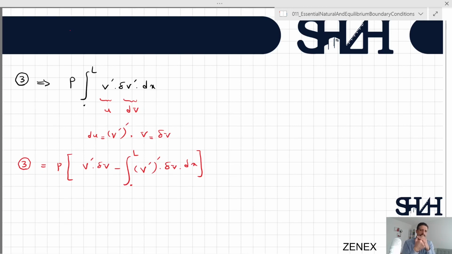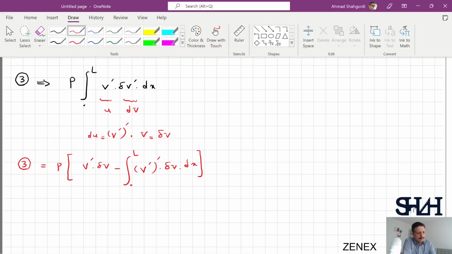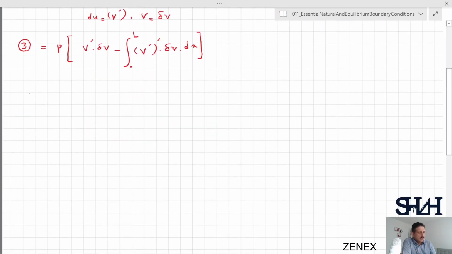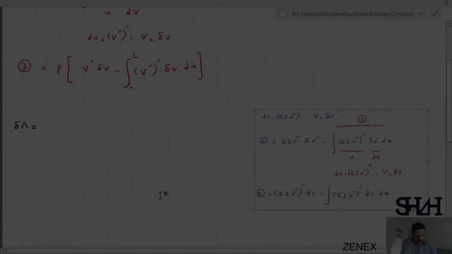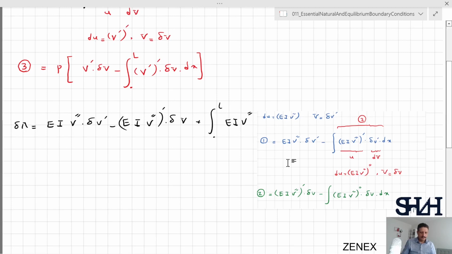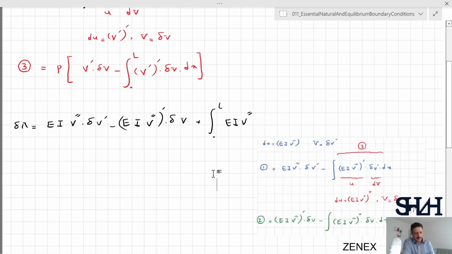Now we have the first term and the second term of the variation of pi. So variation of pi will be EI v'' delta v' minus EI v''' delta v plus integration from 0 to L of EI v'''' delta v dx.